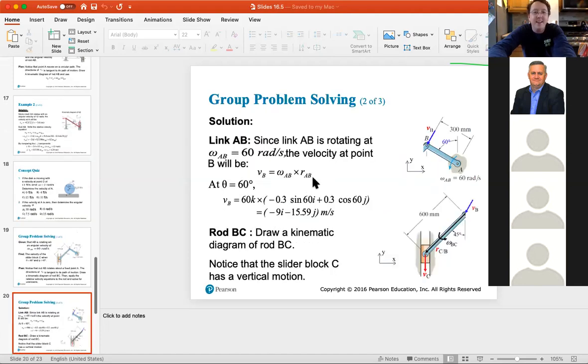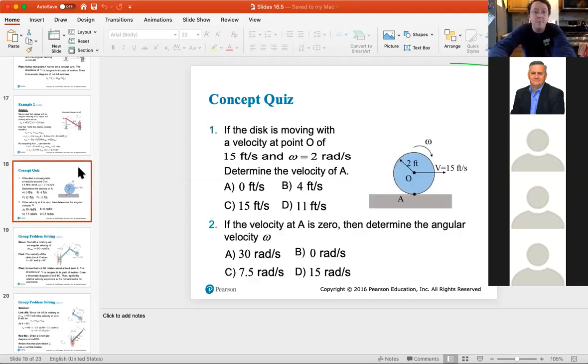All right, sorry. So that was the best answer: 0, because it has no tangential or forward velocity at that point of contact. If the velocity of A is 0, then determine the angular velocity. Can anyone guess?